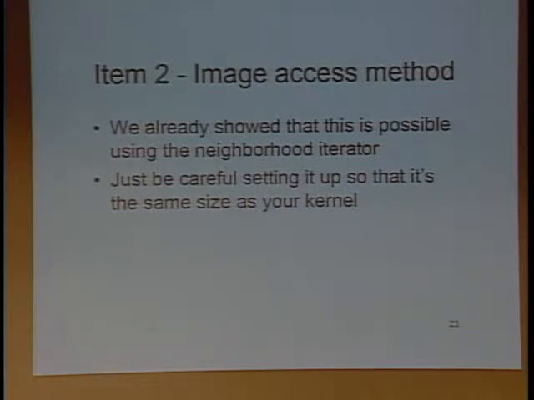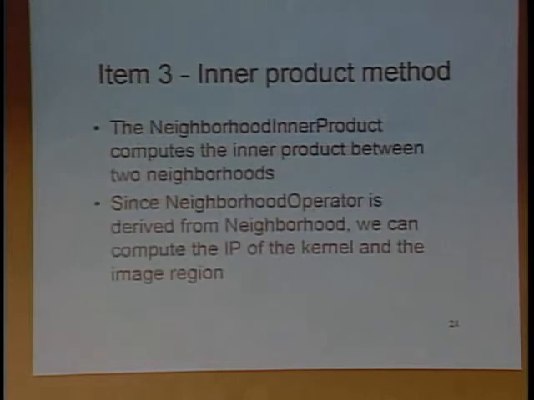And how to access the image? We have just talked about that: we can use the neighborhood iterator, and you have to set the radius of the neighborhood iterator to be the same as your kernel. The last thing is the inner product calculator.